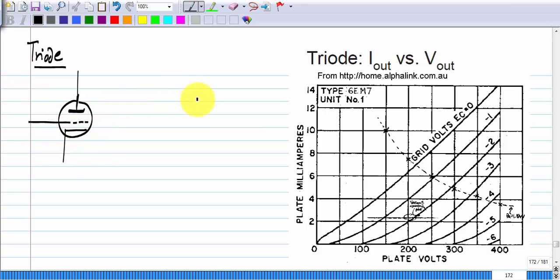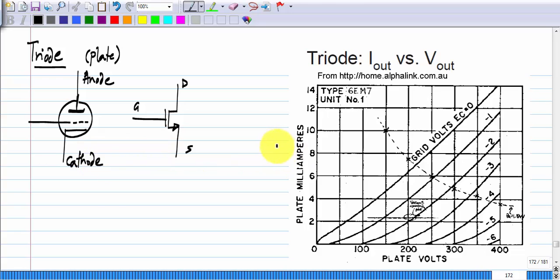These are the three terminals corresponding to the drain, gate and source of the MOS transistor. The drain corresponds to what was known as the plate or anode, and the source corresponds to what is known as a cathode, and the gate corresponds to what is known as a grid.